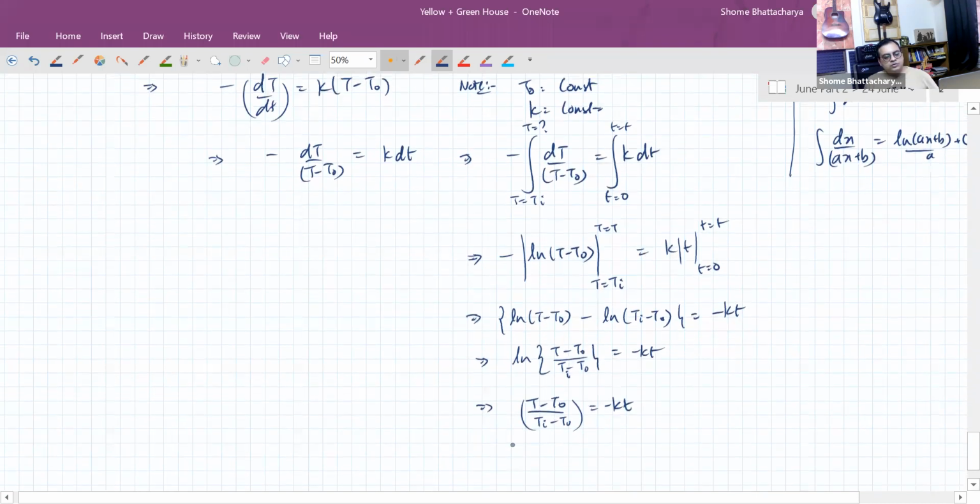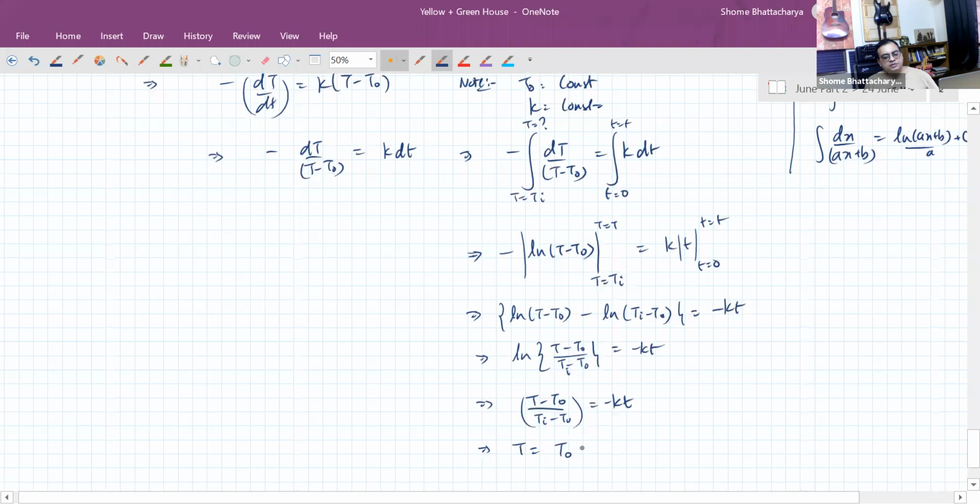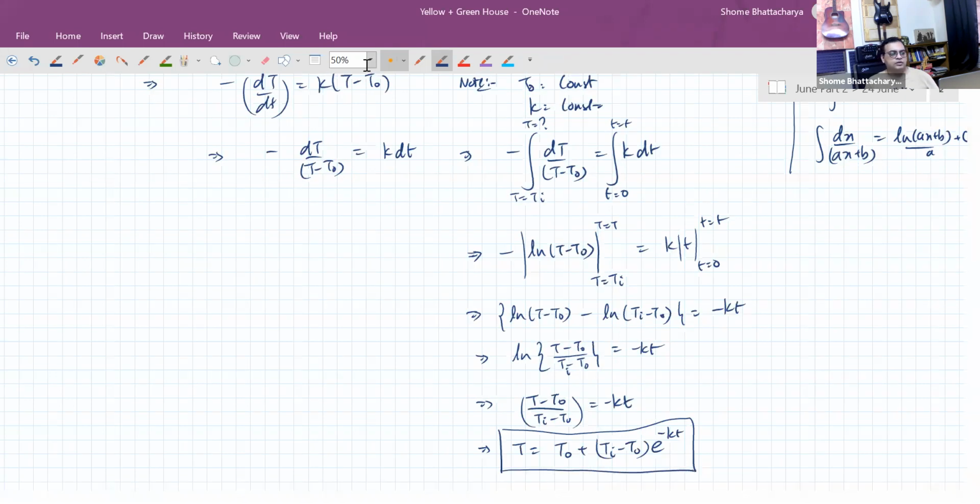So we will get this kind of value. Temperature at any instant will be this kind of function. It will be an exponential function which is decaying with respect to time, because it is e raised to the power minus kt kind of graph.